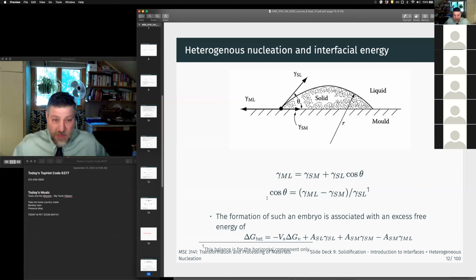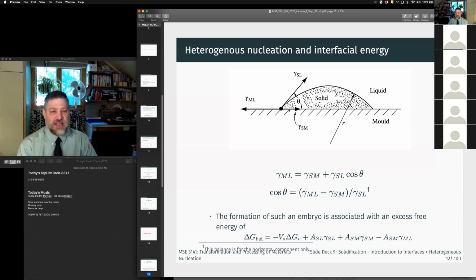And if we think about the change in Gibbs free energy of making a system like this, essentially what we have is our bulk free energy, our volumetric term, plus what are we creating? We're creating this amount of solid liquid interface, so it's the area of this solid interface times this interfacial energy.